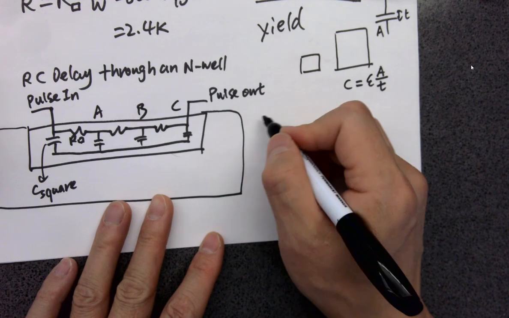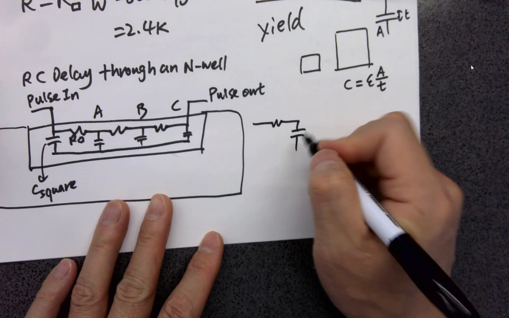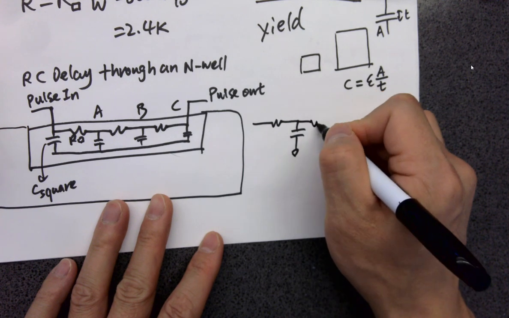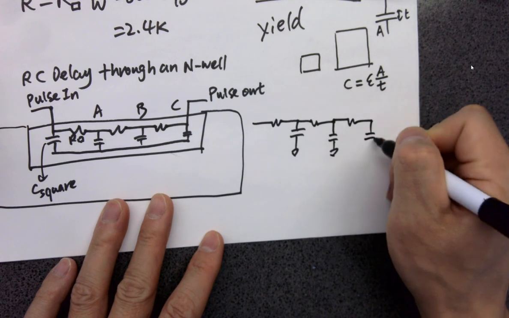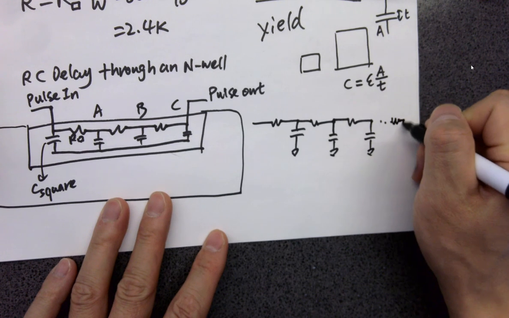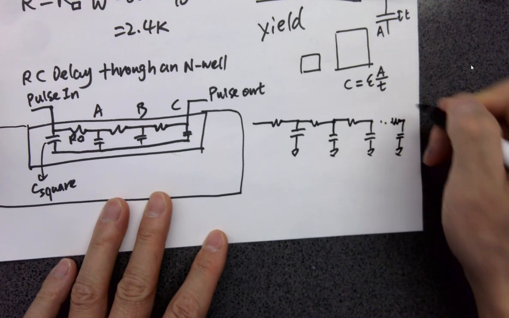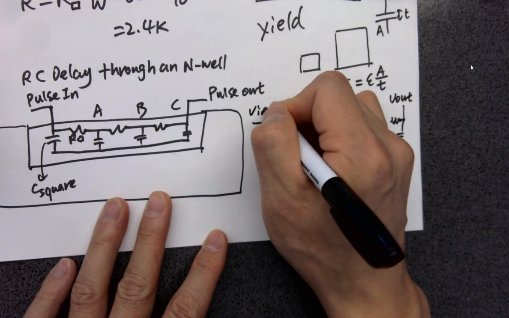Let's draw another more generic circuit here, because there will be more than this. For example, there are a lot, not just 3. And here's V out. Here's V in.